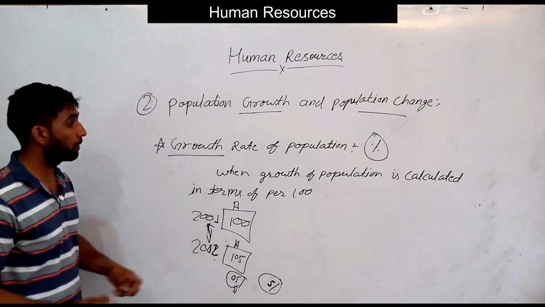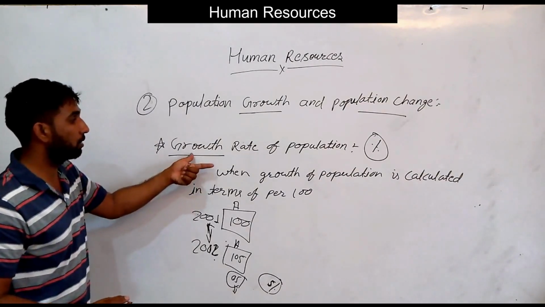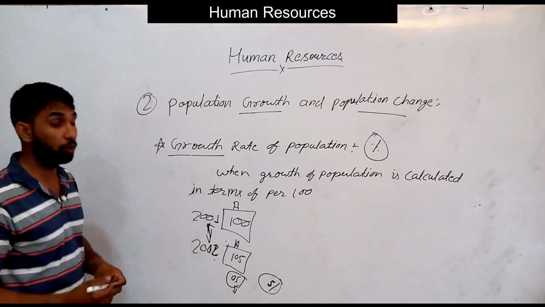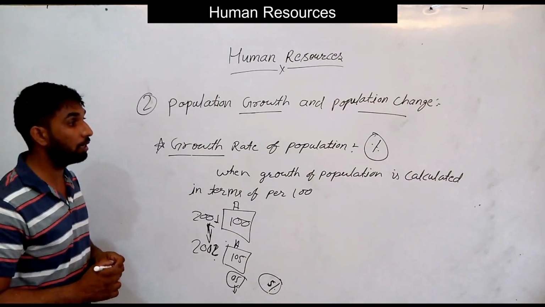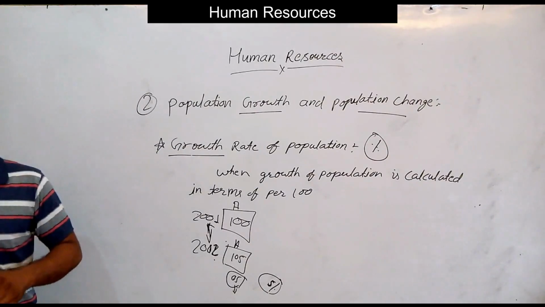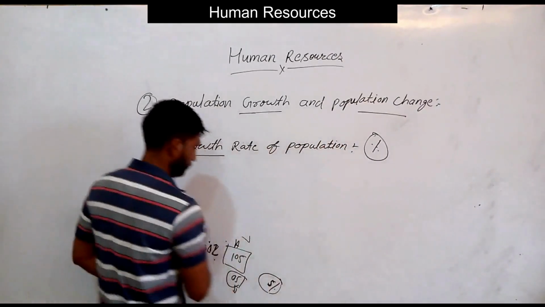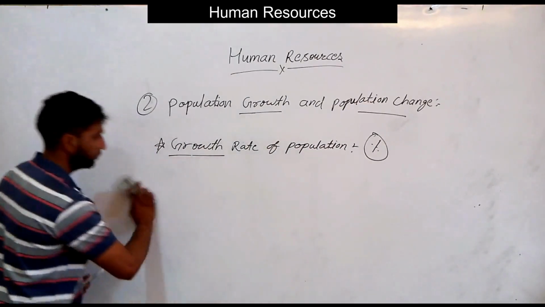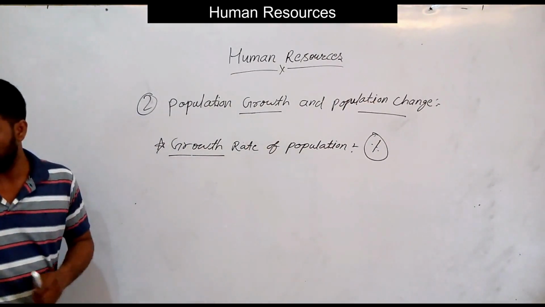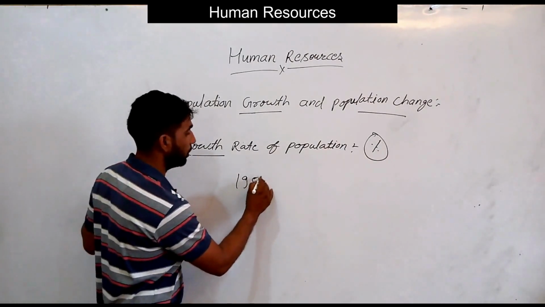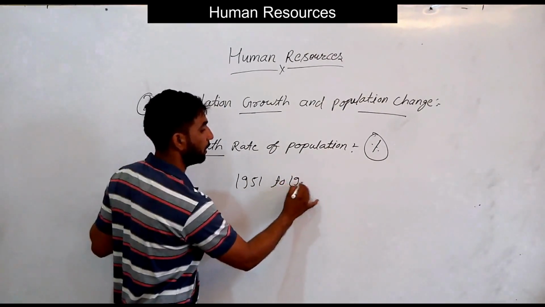Now going further, what is the growth rate of population in India? The growth rate of India increased from 1951 to 1981.